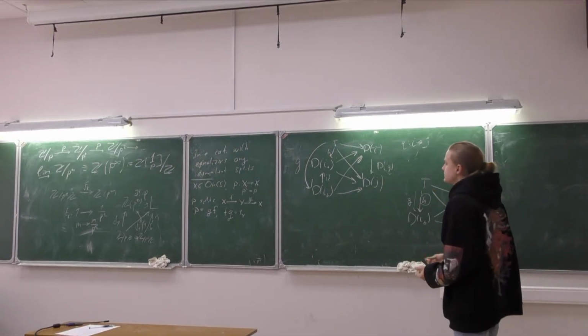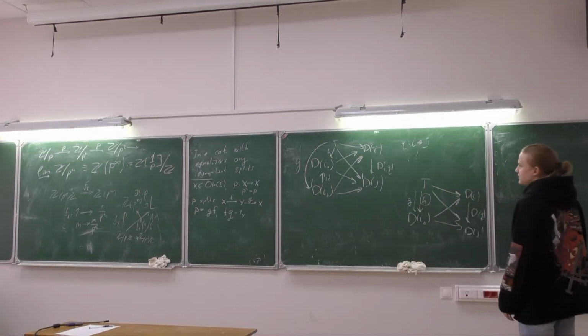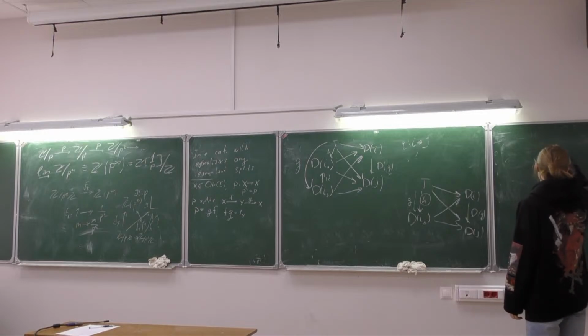So assume we have an object X and the map P to itself, which is idempotent.